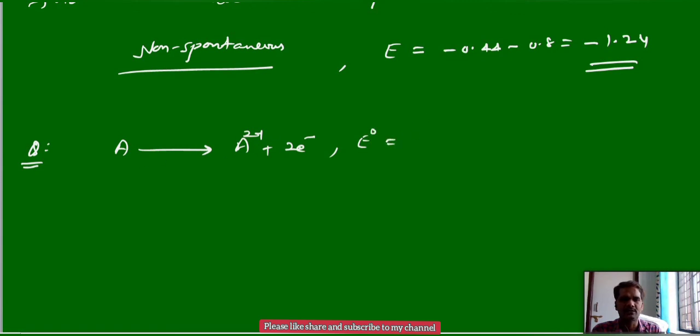So A gives A2 plus and 2 electrons, and here B2 plus is taking 2 electrons, and here the E0 value is given.